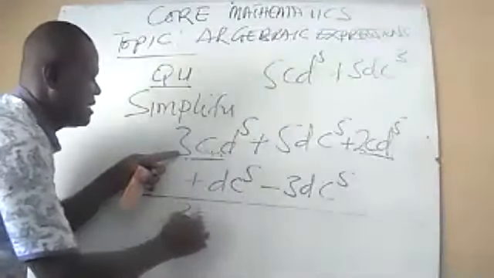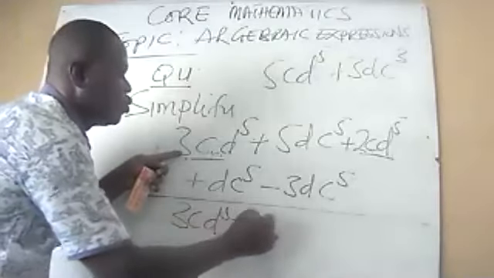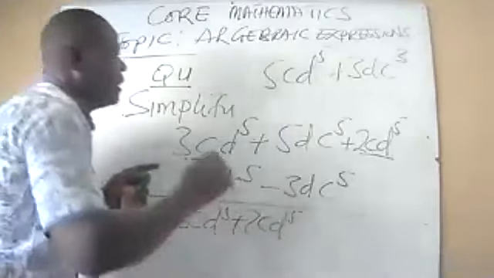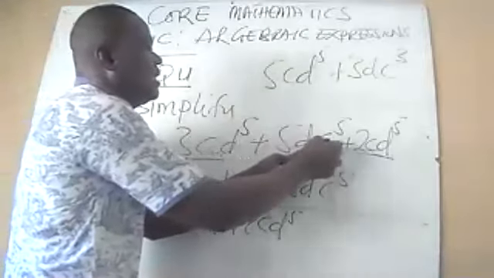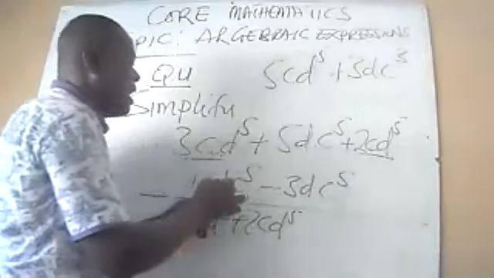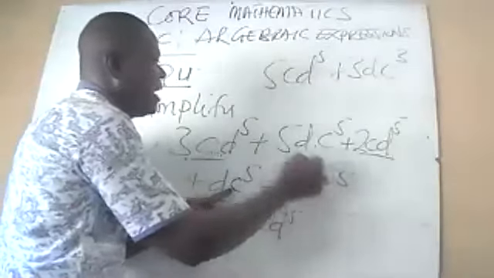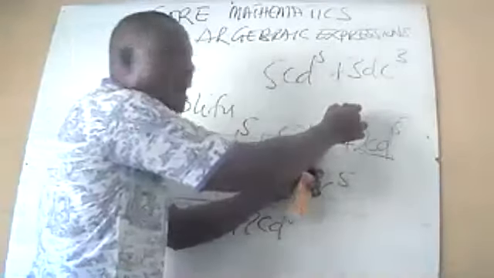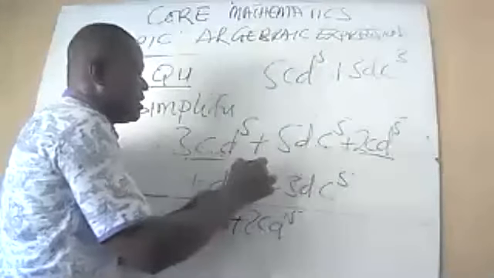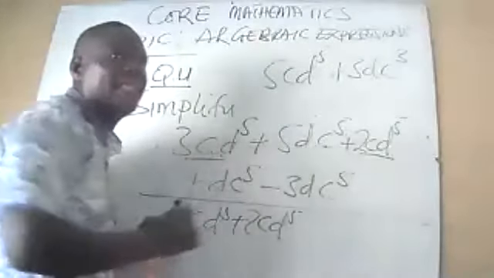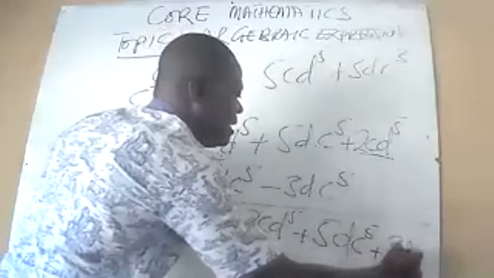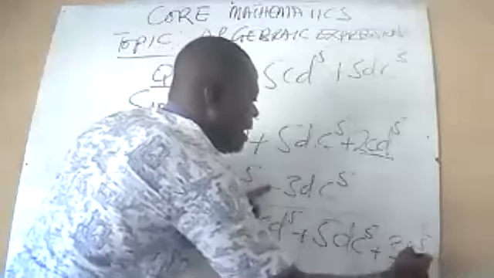So we have 3cd exponent 5 plus 2cd exponent 5. Then let's look at the next term, which is dc. A dc term is here, another dc term. You realize that is c exponent 5, d exponent 1 and d exponent 5. So these are like terms. So this is plus 5dc exponent 5 plus 3dc exponent 5 minus 3dc exponent 5.